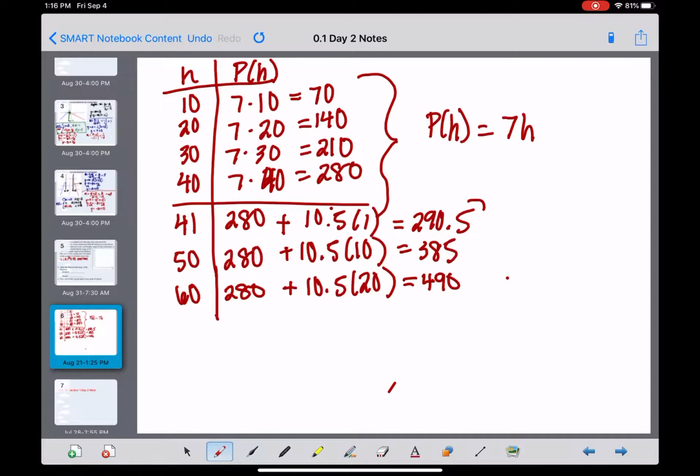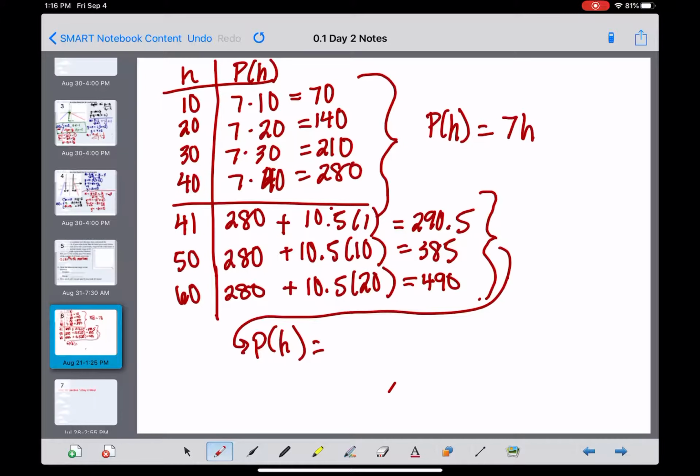Now we need to figure out an equation for that part. Okay, so again, we're going to look at what remains the same and what is different. Okay, so our P of H down here, well, 280 is the same, plus 10.5, that's in all of them.